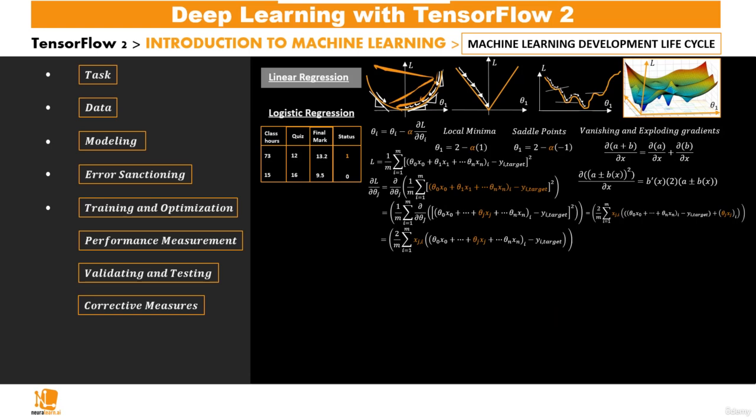For us to see this a bit clearer, we could rewrite this as what we have here. So here we have theta 0 x0 right up to theta n xn, but it should be noted that we are omitting theta j xj. So we have all this without this term, and then minus yi target.